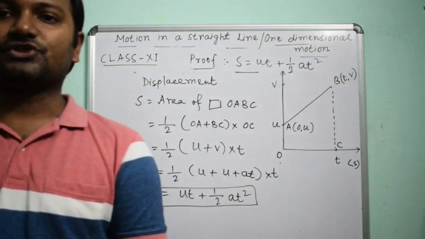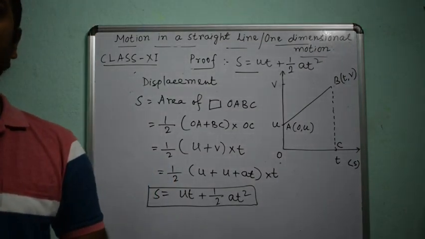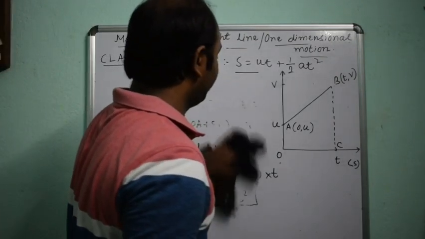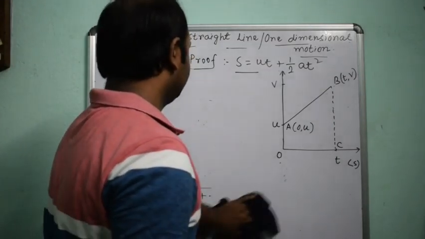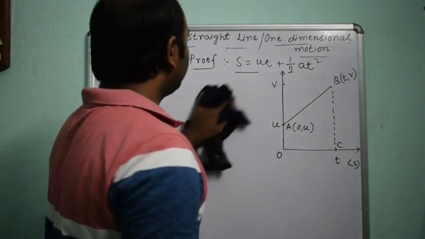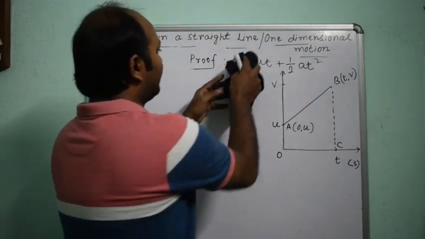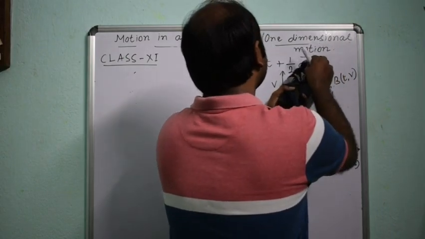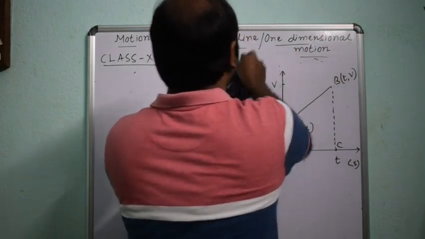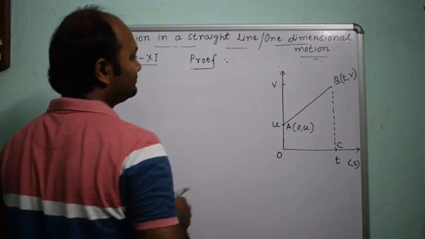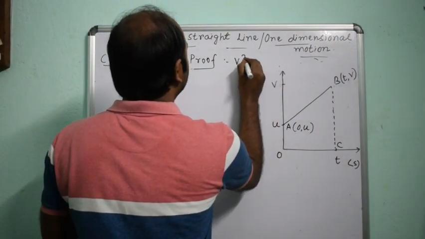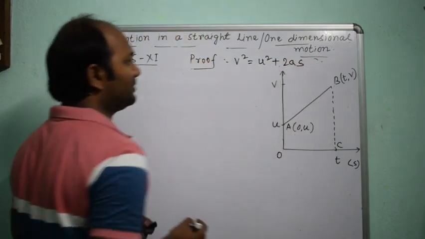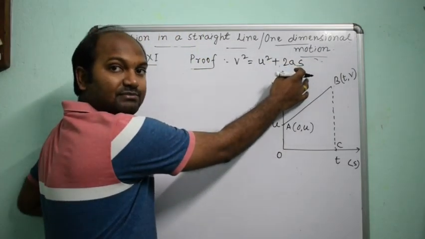Next, the third equation of motion: v square equals u square plus 2as. From the same graph, here also displacement is given.